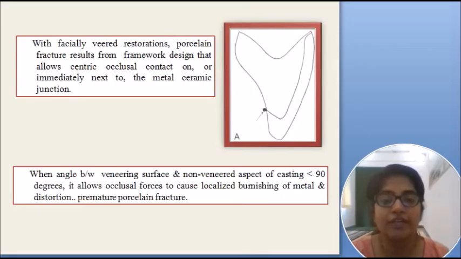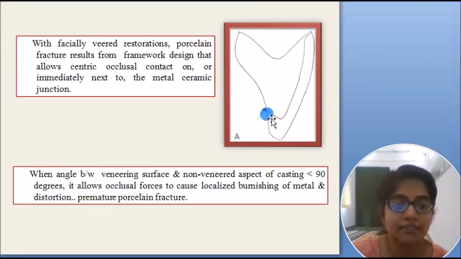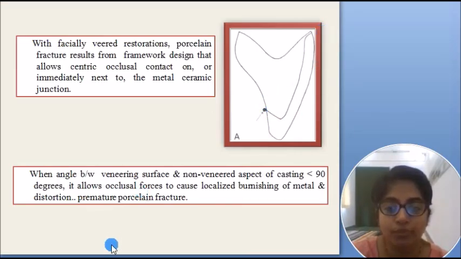When the facial veneer is there, porcelain fracture results from framework design that allows centric occlusal contact on or immediately next to the metal ceramic junction. So this is a metal ceramic junction, and if we place a centric contact on this junction or just next to it, it will place unnecessary forces, and this can cause failure of the bond and the ceramic can chip off.